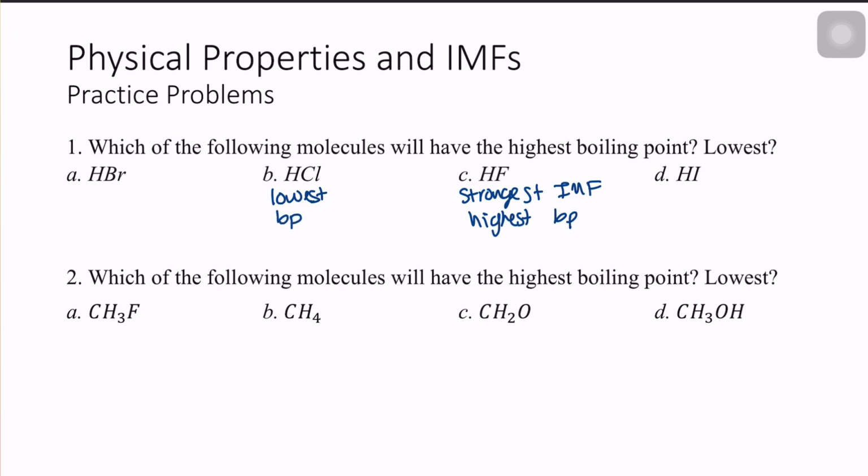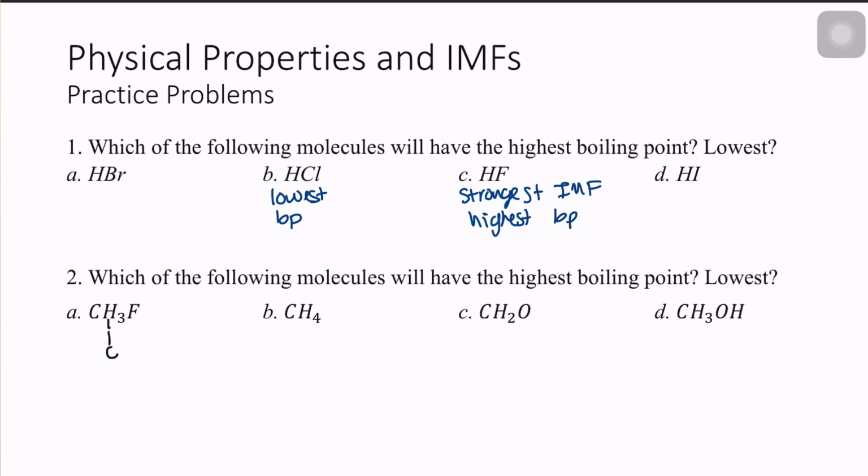Which of the following molecules will have the highest boiling point and lowest? So for these, I have similar molecules in size in the sense that it's carbon with four things around it or three things. So I really need to look at the Lewis structures. So I'm going to draw the Lewis structures of these first.